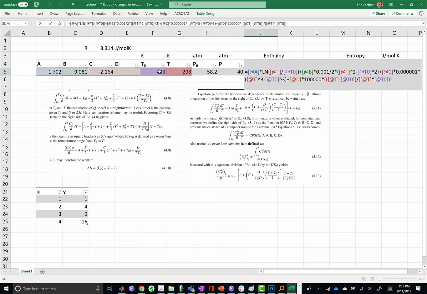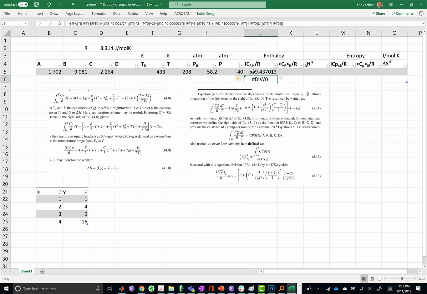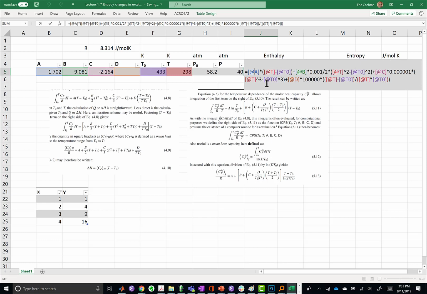And I'm going to double check my work now. So A times, okay, right away I made a mistake. This is the H integral I'm doing, not the entropy integral. So A times delta T, and I think the rest of it hopefully is better.